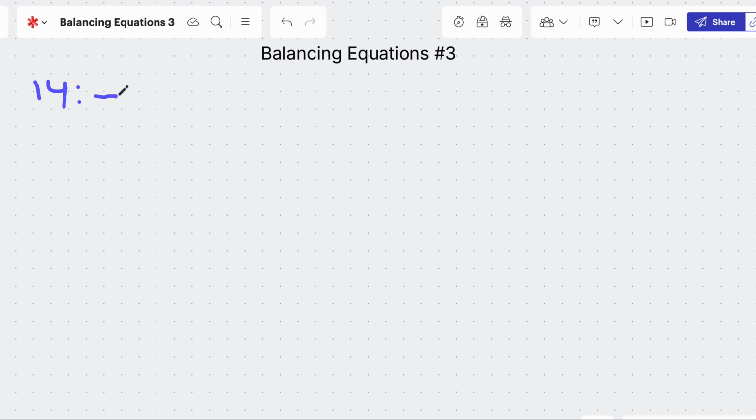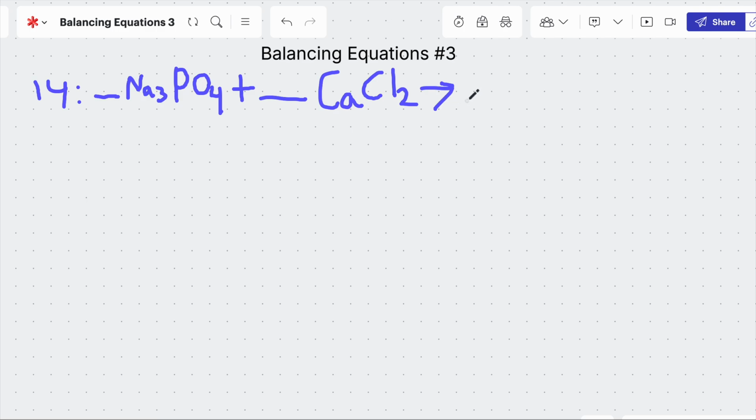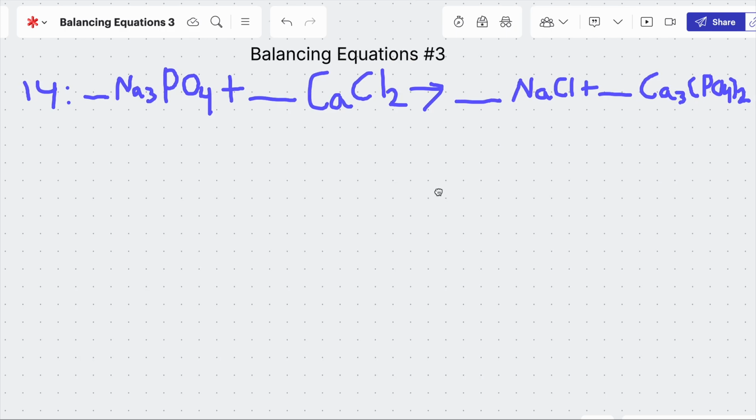All right, we got blank Na3PO4 plus blank calcium chloride, CaCl2, makes blank NaCl, sodium chloride, plus blank calcium phosphate, which is Ca3(PO4)2. Hold on. Let's see, we're gonna go right there.